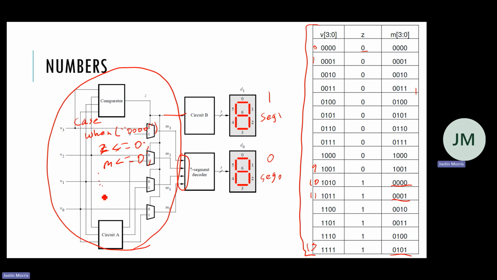I can go all the way down to when V is 1, 1, 1, 1. When it's 15, I need Z to be 1, and I need M to be 0, 1, 0, 1.